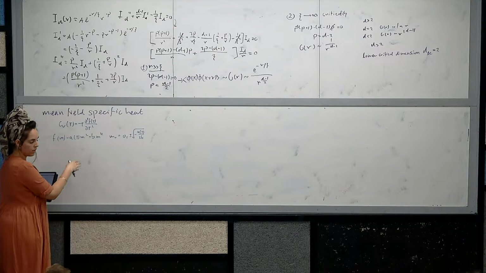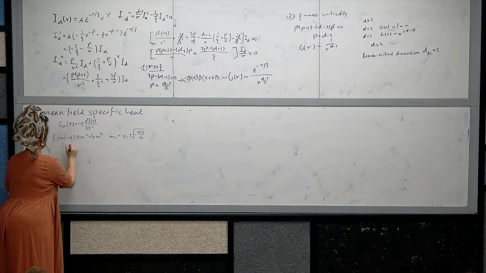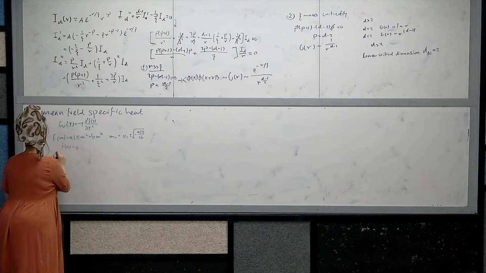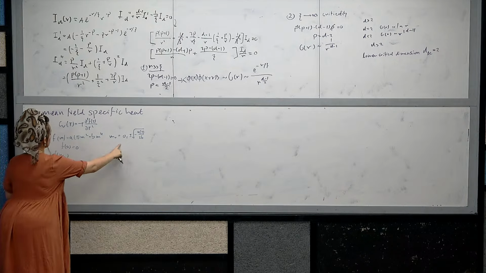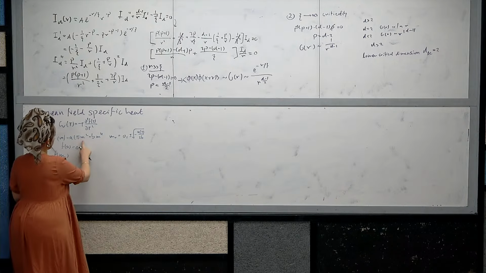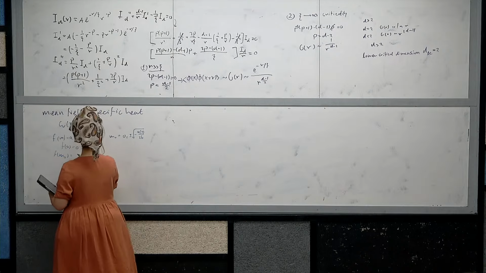Okay? So what is the actual free energy? For the solution of 0 it's just 0, and for M0, these are solutions, we have only the square root of them, so it's the same free energy.